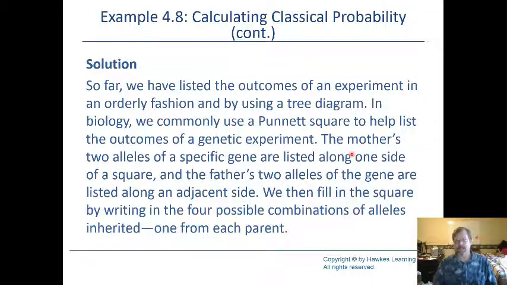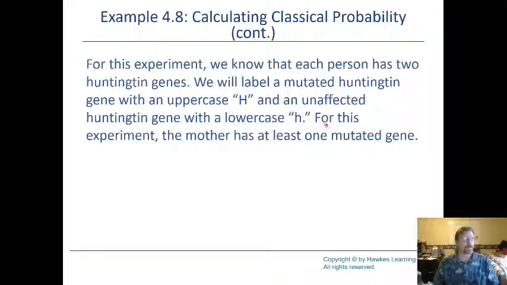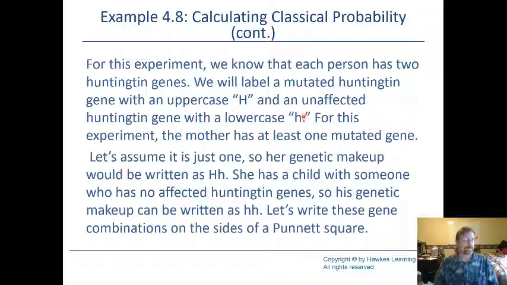So they're going to make this square matrix. They're going to use an uppercase H for the mutated Huntington's gene that will cause the problems, and a lowercase h for non-mutated ones. They're going to need to make some assumptions because we don't necessarily have enough information.